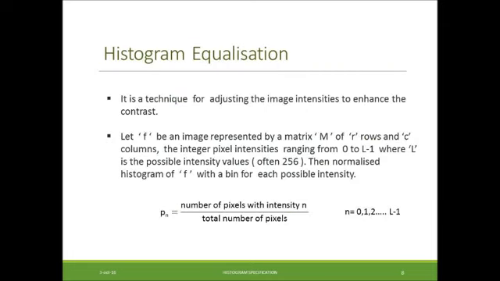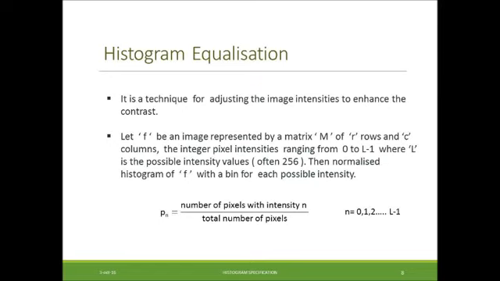Histogram equalization. It is a technique for adjusting the image intensities to enhance the contrast. Let F be an image represented by a matrix M of R rows and C columns, with integer pixel intensities ranging from 0 to L minus 1, where L is the number of possible intensity values, often 256.